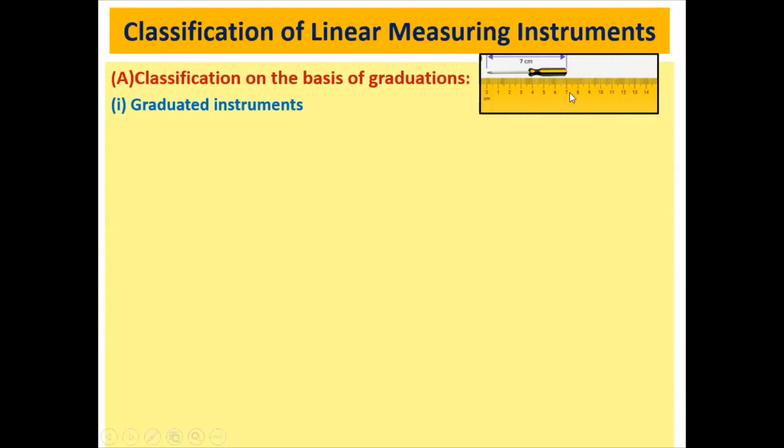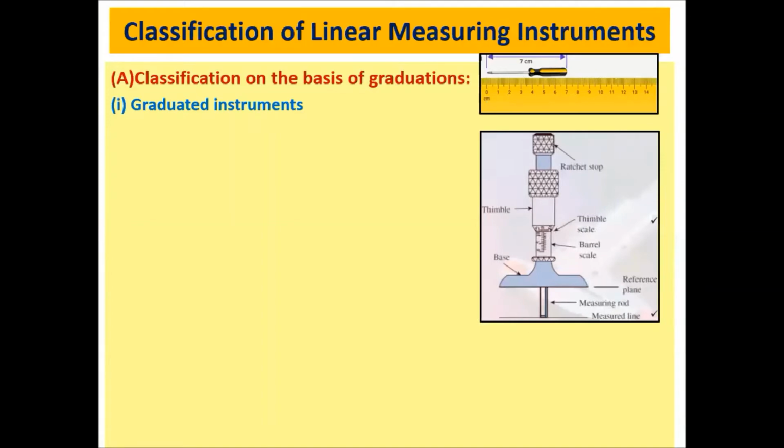Here on the scale, we can see the graduation, or the number of divisions, equally spaced. Along with that, there is a unit, maybe a centimeter or an inch. This is also a vernier micrometer depth gauge, in which again there is a graduation on the scale, so this instrument comes under the graduated instruments.